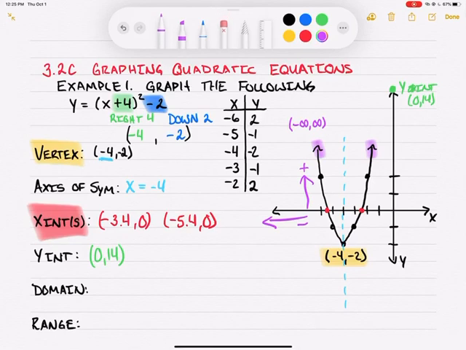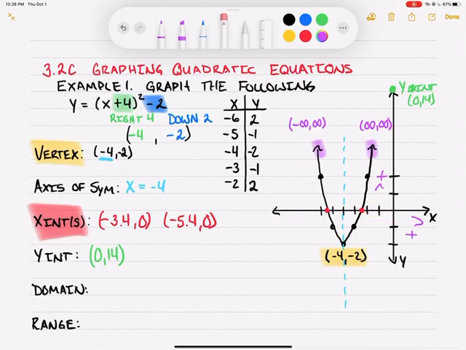My right arrow has a value of infinity because it's going in the right direction, which means it's going to the positive, and it's also going to the positive in the y direction. So those are my coordinates for my arrows.